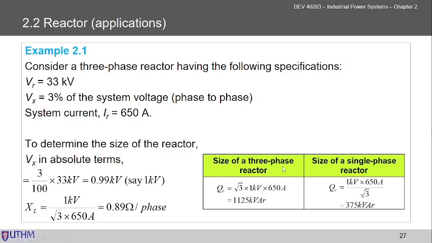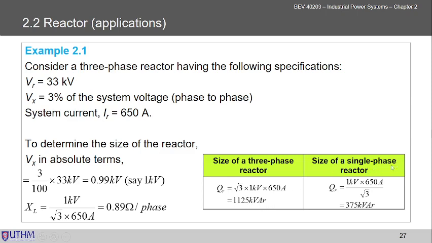And the size of the 3-phase reactor: Q is equal to square root 3 times 1 kV, because the Vx is 1 kV, times 650 ampere. So this is the size of the 3-phase reactor when we apply 650 ampere of current. It's 1125 kVAR.